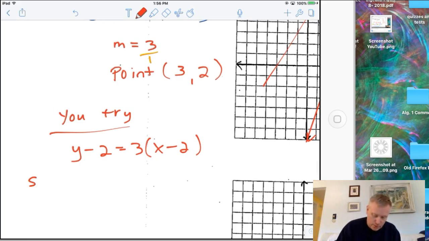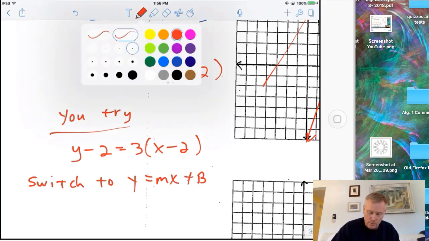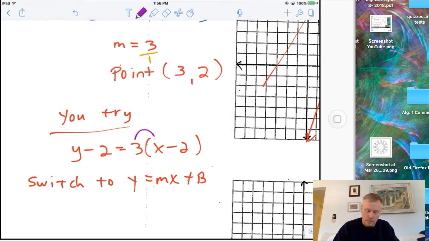And switch to y equals mx plus b. Okay, so in order to do that, you'll do distributive property, get the y alone. Okay, so why don't you do that? And when you do that, you get y minus 2 equals 3x minus 6.